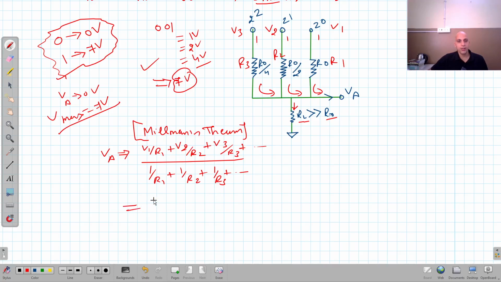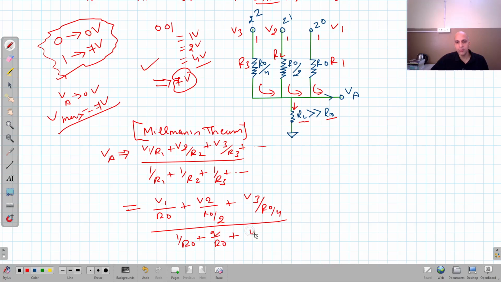So here it is B1 upon R0 plus B2 upon R0 divided by 2 plus B3 upon R0 divided by 4, divided by 1 upon R0 plus 1 upon R0 by 2, which becomes 2 upon R0, plus R0 by 4, which means 4 upon R0, because we are taking 1 upon R, right?